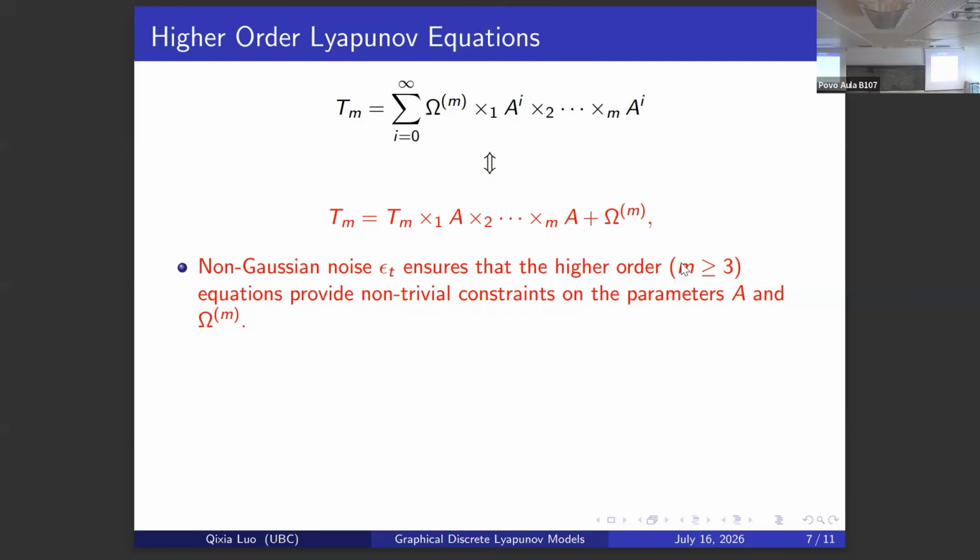For a multivariate Gaussian distribution, the cumulants of order greater than 1 are 0, and the converse is also true. If the noise were Gaussian, then the stationary distribution is also Gaussian, so the higher order Lyapunov equation will just give 0, because there's no information there. However, if the noise is non-Gaussian, then if we look at the second equation entry by entry, we get a set of polynomial constraints in the parameters. And this is nice, and we can talk about that.